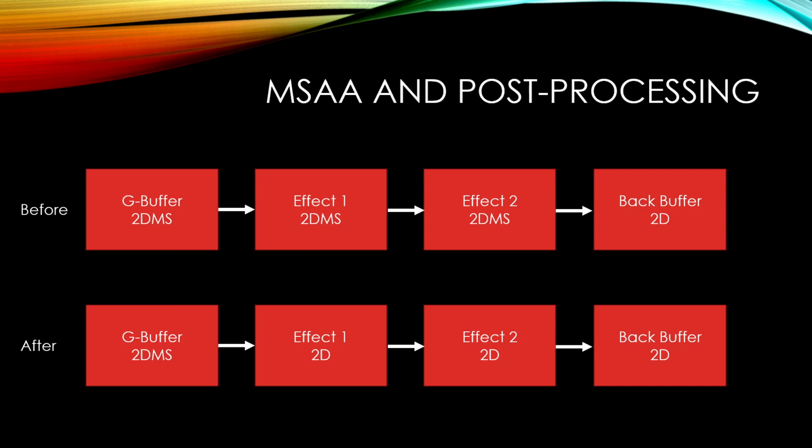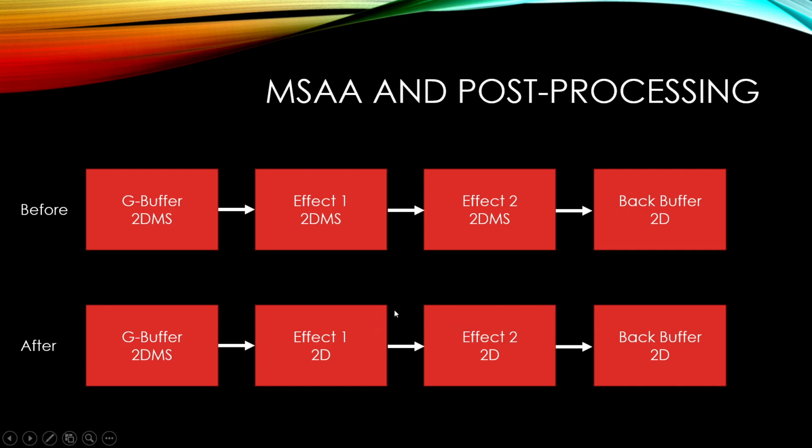What it does now instead is it still renders to a 2D MS buffer, and then it immediately resolves that to a 2D image and passes the result to the first effect, the second effect, and then to the back buffer. The sooner you resolve the multiple samples, the fewer pixel samples have to be taken further down the chain.